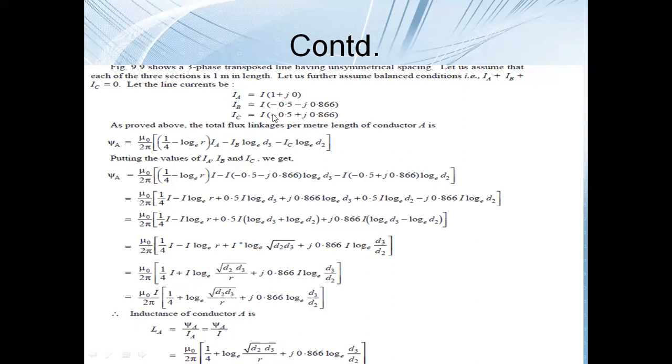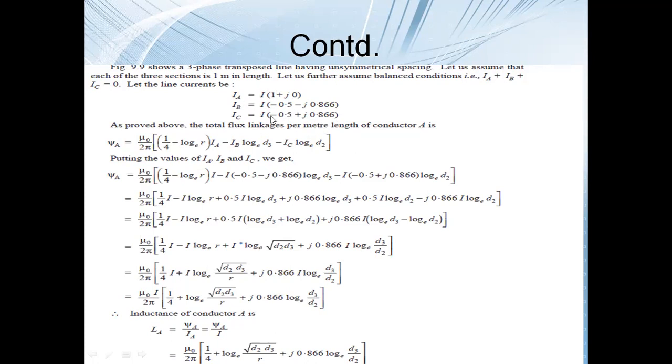Here I angle minus 120 degree means I into minus 0.5 minus J 0.866, and I angle minus 240 degree means I into minus 0.5 plus J 0.866. This is why this particular representation is coming.